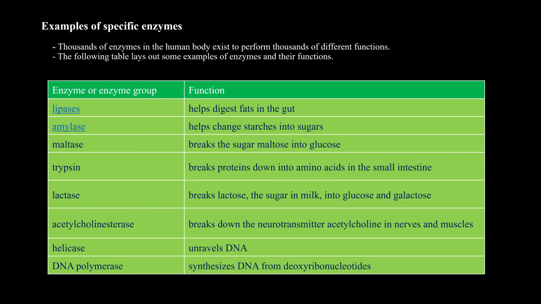Trypsin breaks proteins down into amino acids in the small intestine. Lactase breaks lactose, the sugar in milk, into glucose and galactose. Acetylcholinesterase breaks down the neurotransmitter acetylcholine between nerves and muscles. Helicases unwind DNA for DNA polymerase synthesis of DNA from deoxyribose.